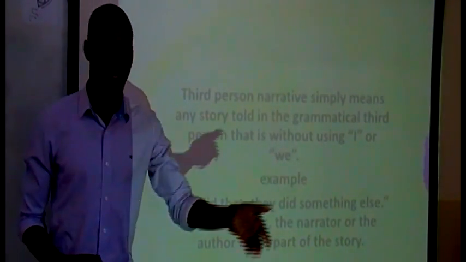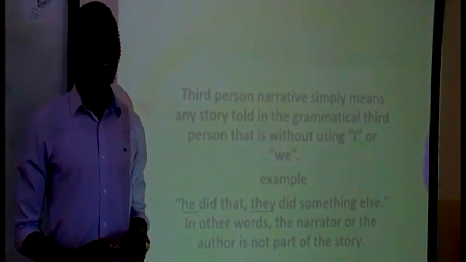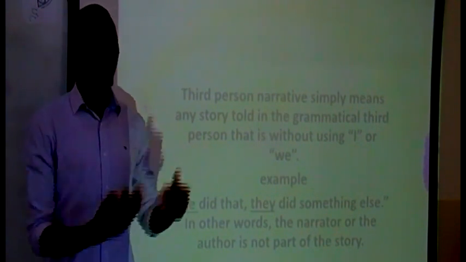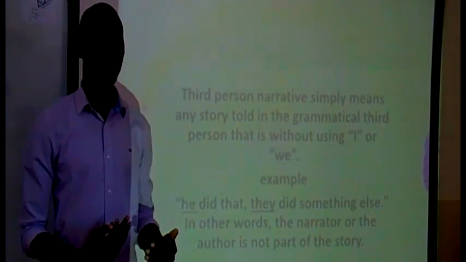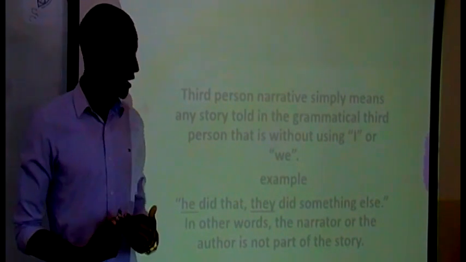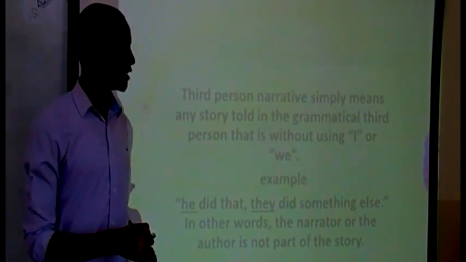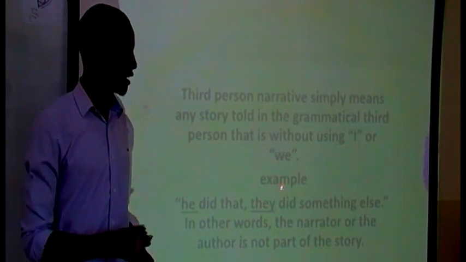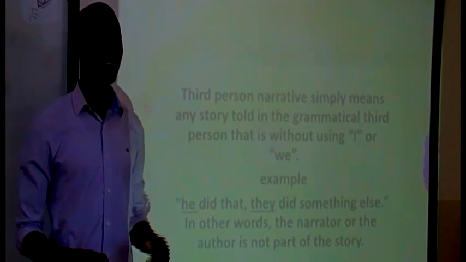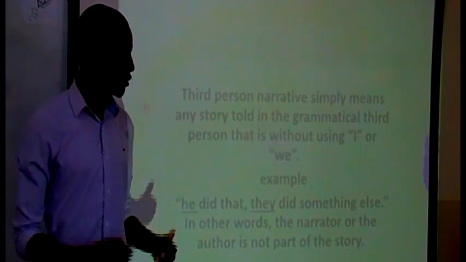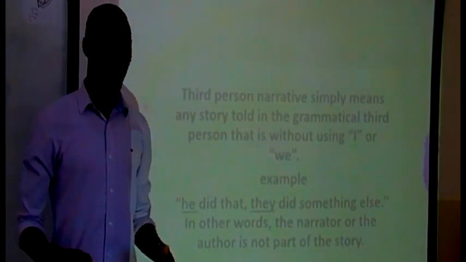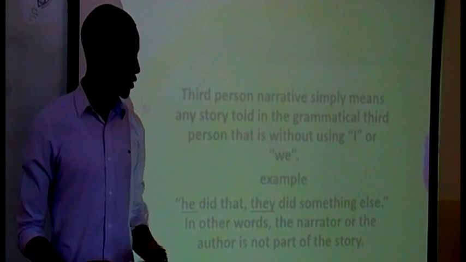You are simply reporting, and in your report, you were not part of the story. They did something else. They is underlined, so it refers to something, or simply means you were not part of the story.